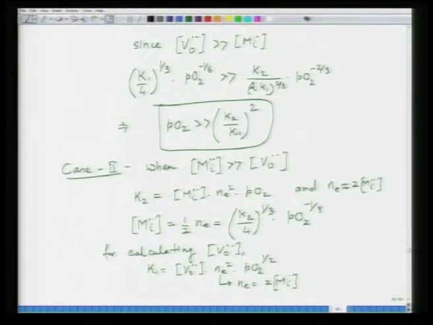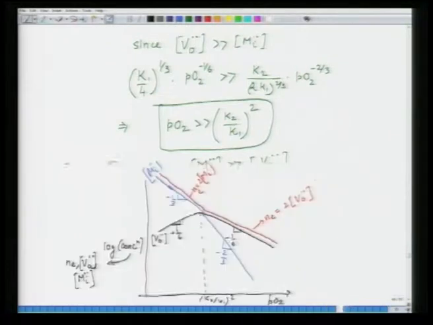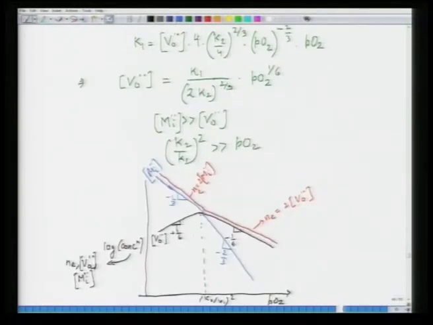Similarly, we took another case when MI is much larger than VO, and following a similar procedure, we worked out the VO and MI concentrations, which have dependence of minus 1 by 3 and plus 1 by 6, and of course the boundary of partial pressure remains the same, which means that partial pressure of oxygen has to be much smaller than K2 by K1 square for this region.